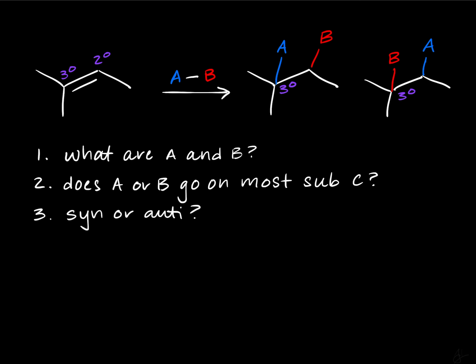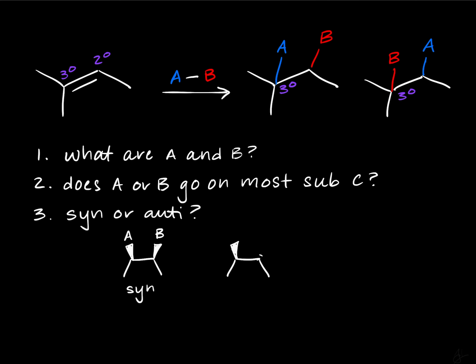We usually represent syn as something like this, syn as in same, where both of the groups are on the same side. I've arbitrarily chosen to put both A and B on wedges, but it could be the case that A and B are both on dashes. Syn just means that they both need to be on the same thing, whether it's wedge or dash.